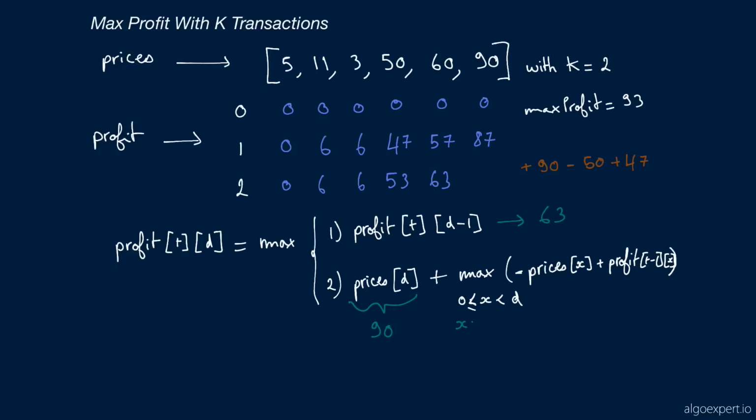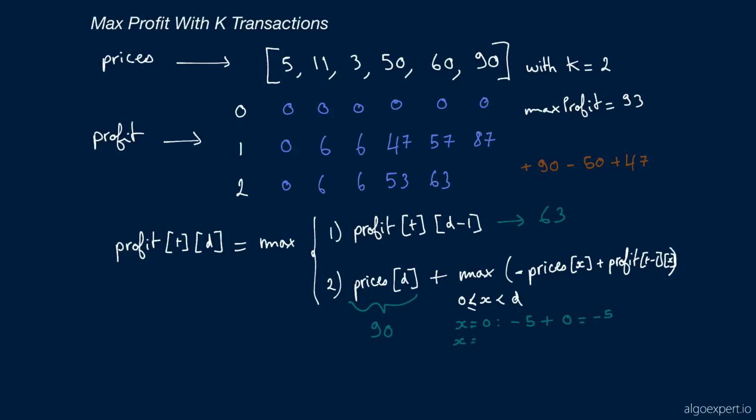For X equals 0, we have minus prices of X, which is 5. So minus 5 plus profit of T minus 1 of X, which is here, 0. So minus 5 plus 0 equals minus 5.